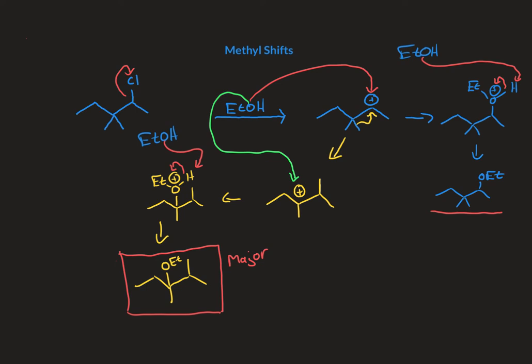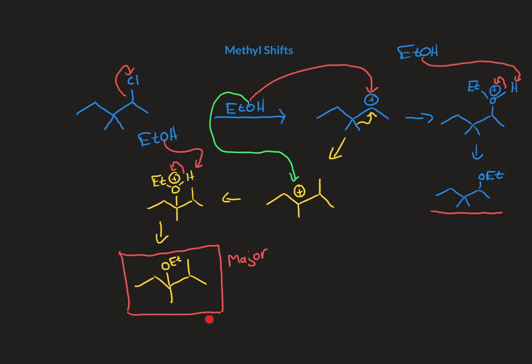If we consider a hydride versus a methyl shift, in general, hydride shifts form faster, and so maybe there's a larger percentage of the unrearranged product in this reaction than there was in the first reaction because this one required a methyl shift and not just a hydride shift. But still, methyl shifts are relatively quick.